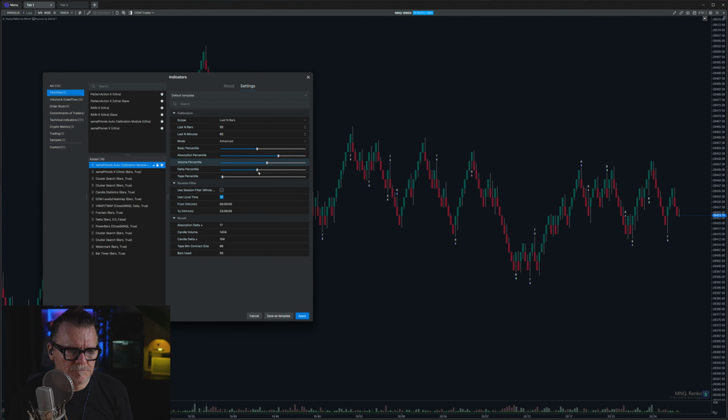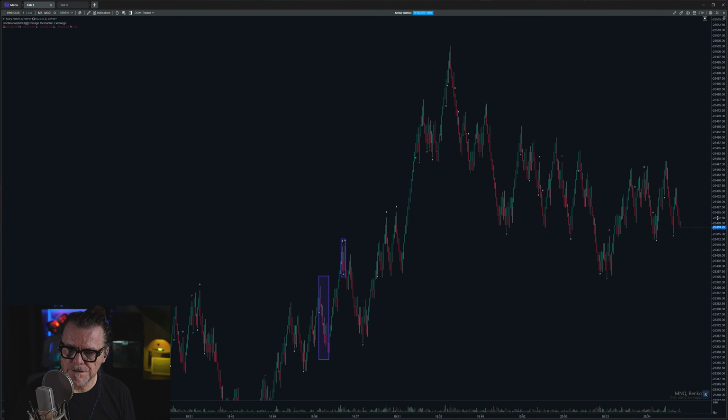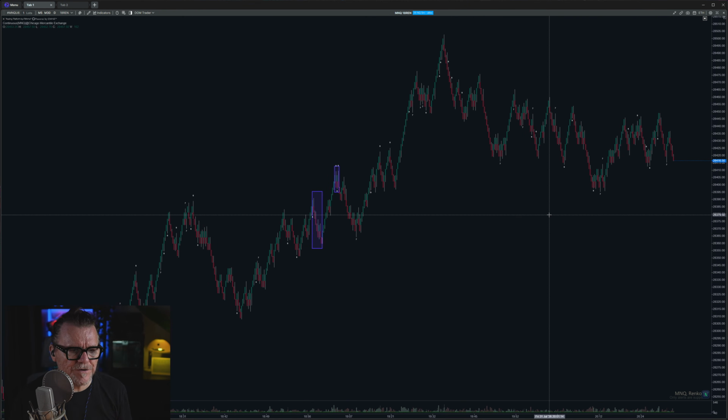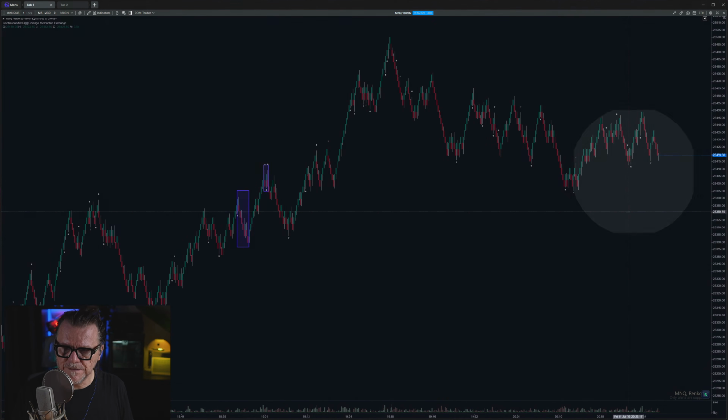Regarding delta, I want to be more tolerant, and I'm interested in really small changes. I click apply, and it recalculates the chart and generates, look at that. I already have many more entries, many more opportunities where I can open positions and trade.